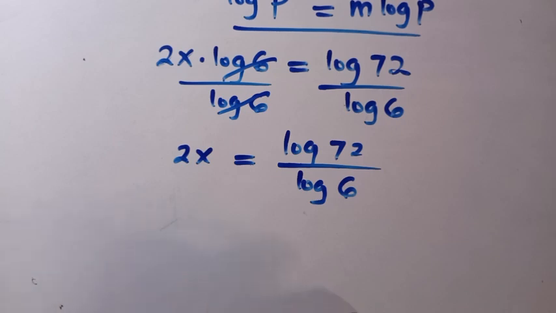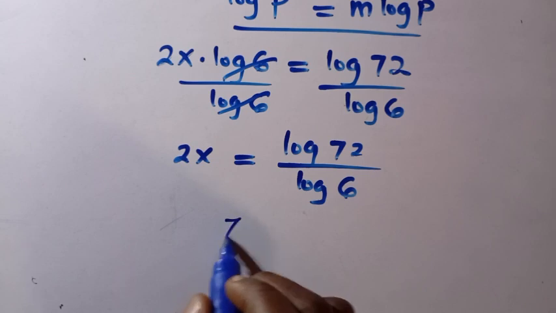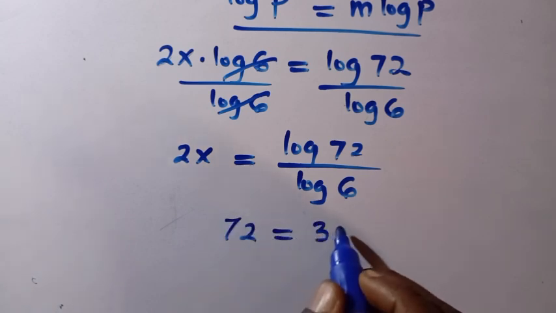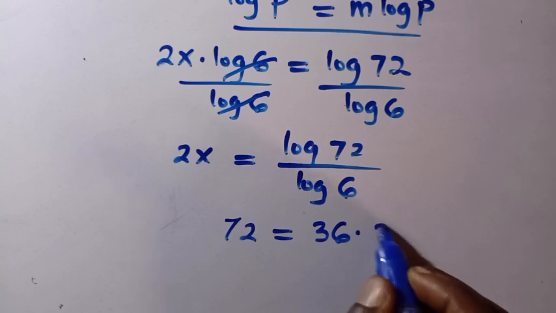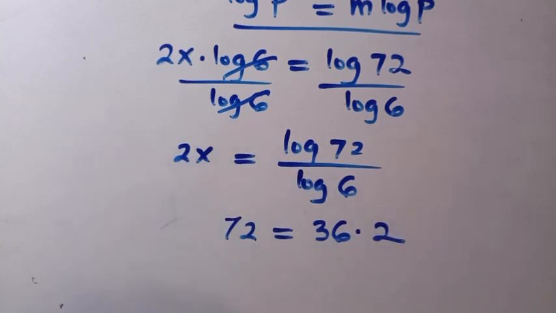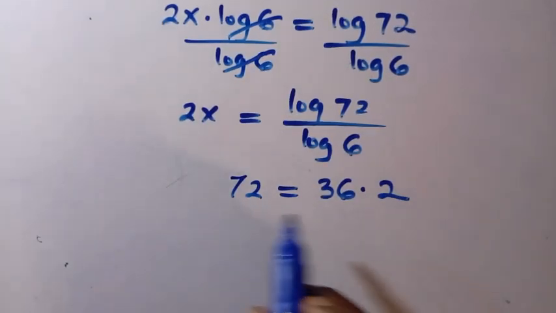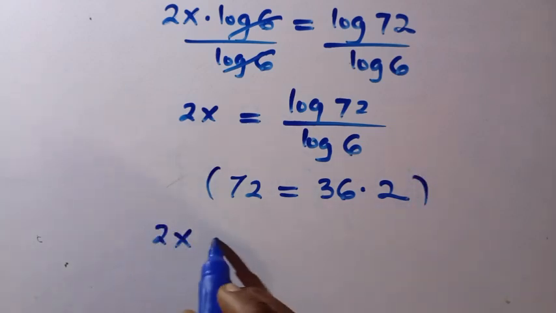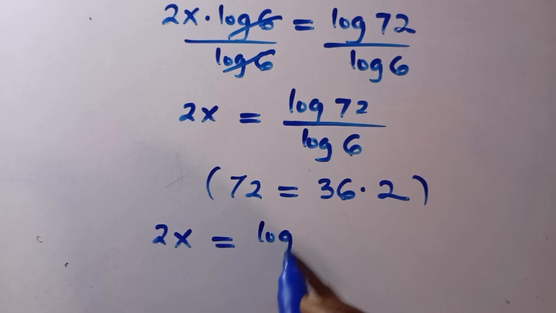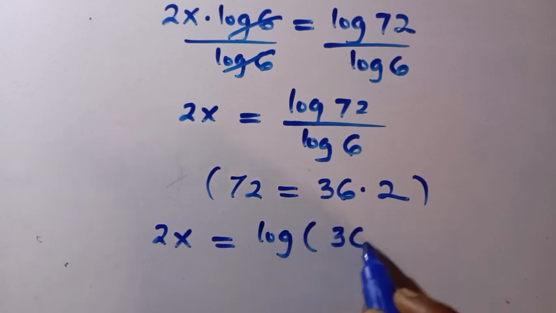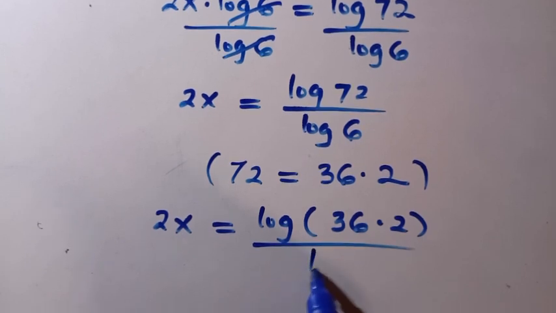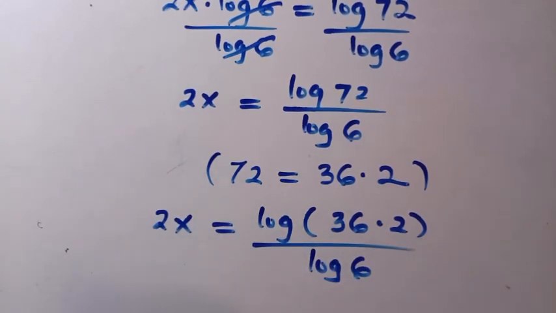So from these expressions, we have to note that 72 is equal to 36 multiplied by 2. Then we apply it here. So at this side we have 2x equals log 36 multiplied by 2, divided by log 6.